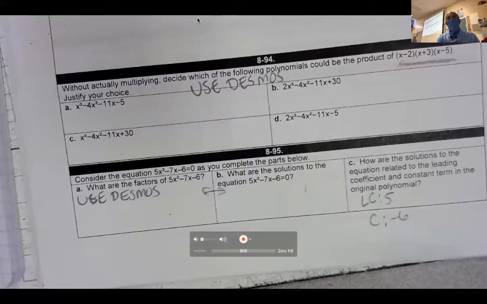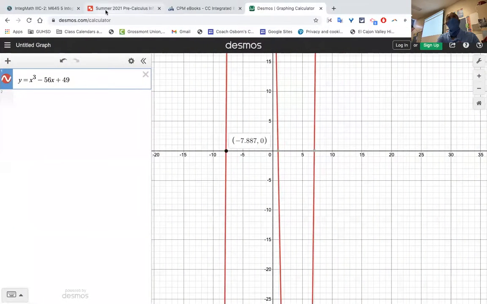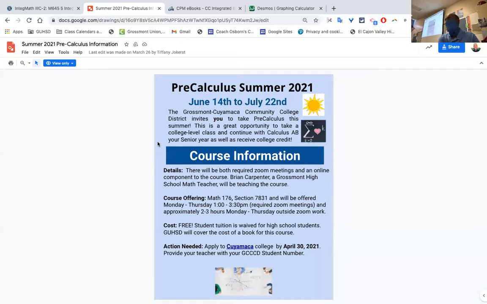Also, just a reminder too, if you guys are interested in that summer pre-cal class, did I tell you guys about this yesterday? Or you guys weren't here yesterday for this, right? There's a pre-cal class if you want to be able to take AP Calc next year. Obviously, a lot of people are usually interested in taking AP Calc because they're trying to put it on their transcript to apply for colleges.